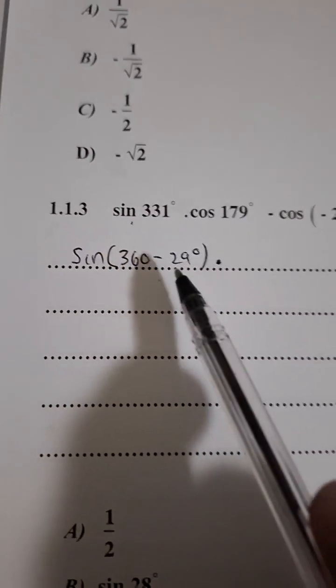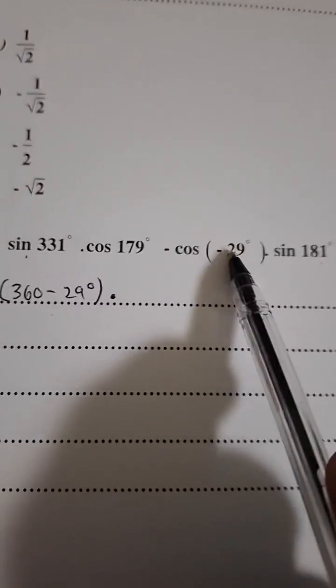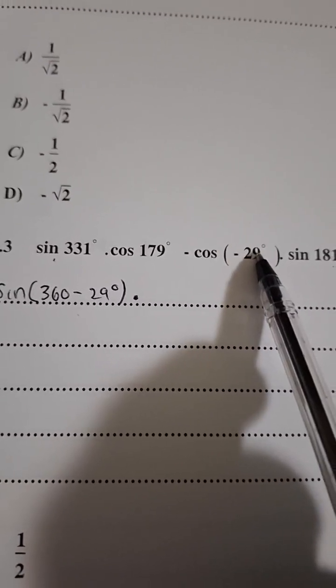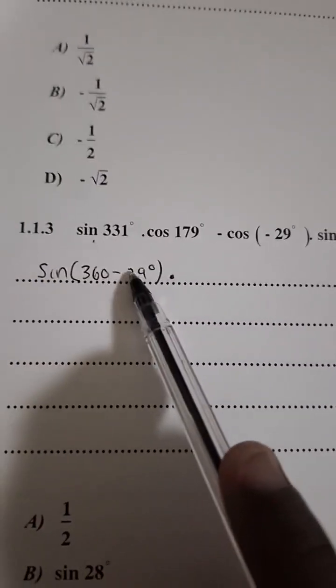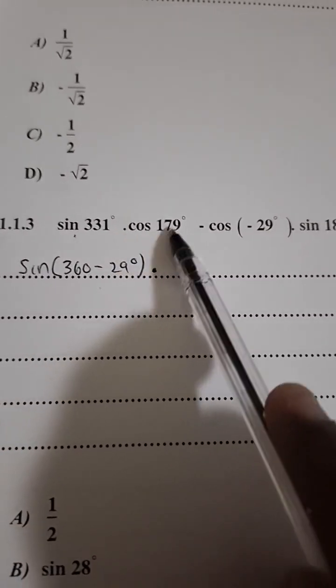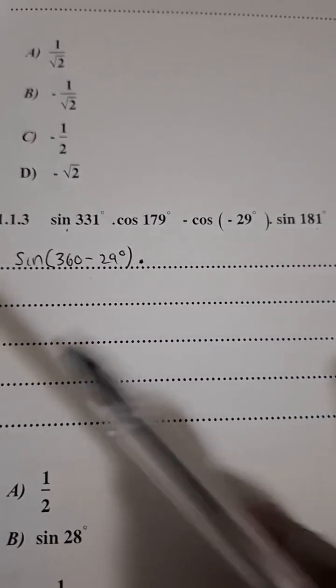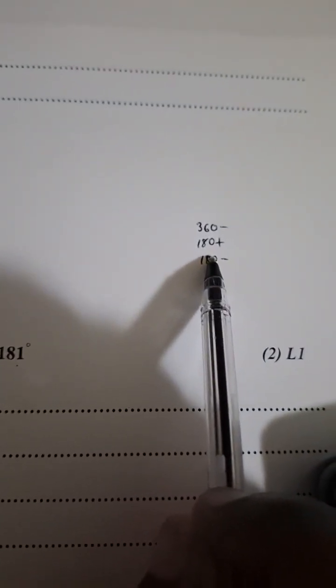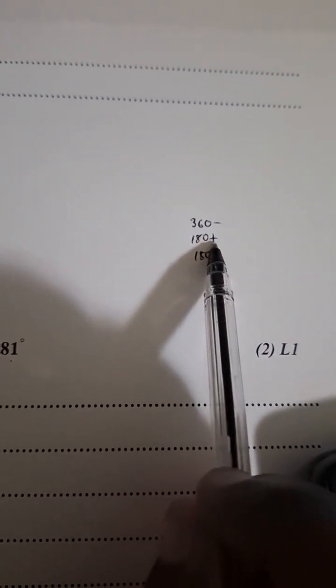And I can say I'm on point because I can see on the other side, the first angle that starts is 29 degrees. Let's go and reduce cos 179. Cos of 179, which function value would be appropriate? 180 plus? No. 180 minus? Yes. 180 minus.